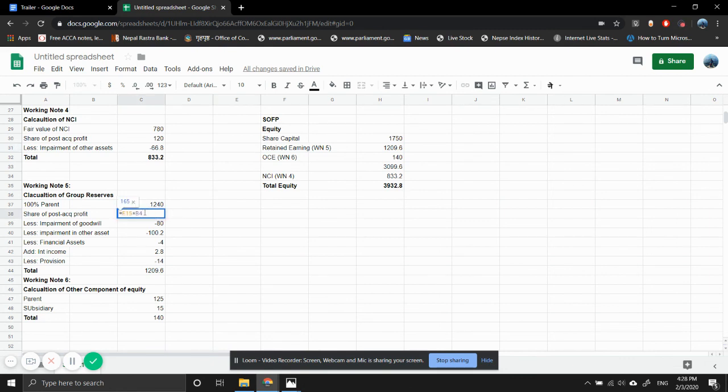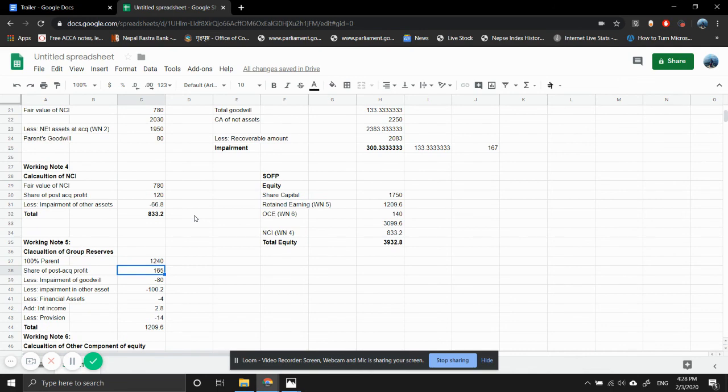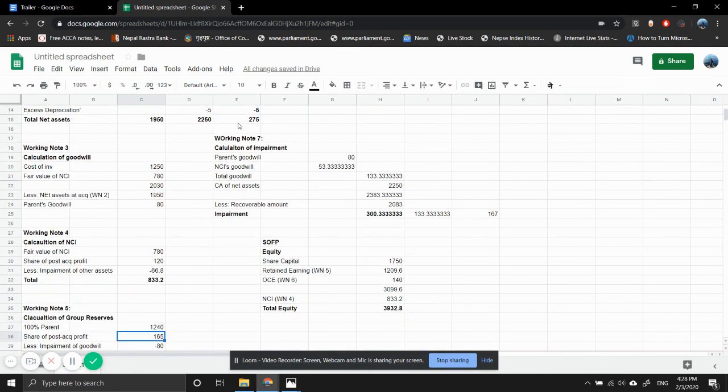And then why we are eliminating that is that from this figure, we only account for the parent's share, okay? Because see, what happens is it's 140 over here, right? So that means this should increase by 140, right? So if we were to take this figure and then, let's say, plus 25, see, it changes, right?